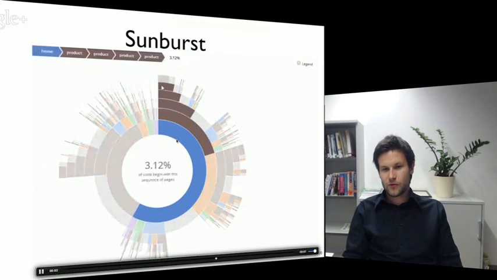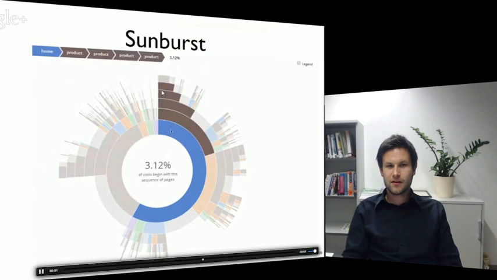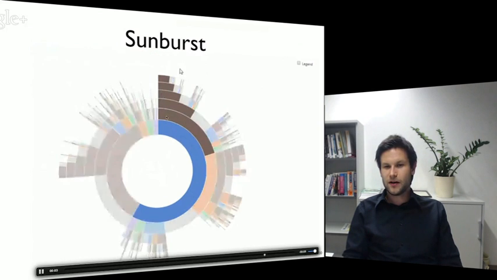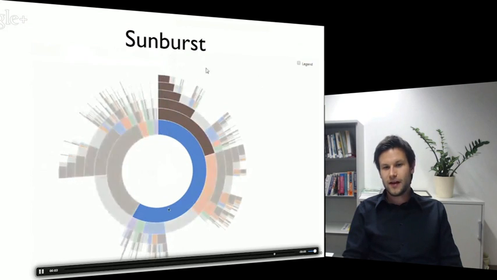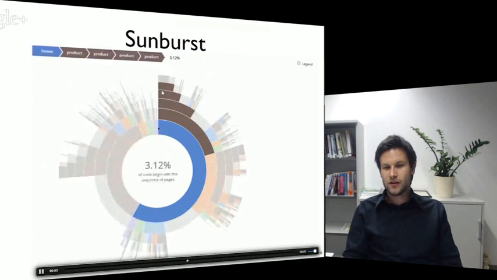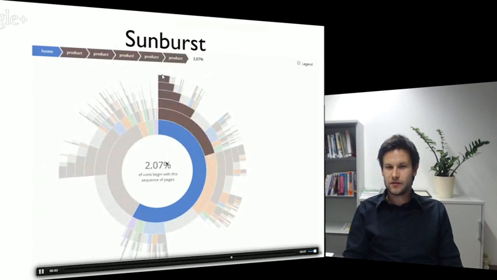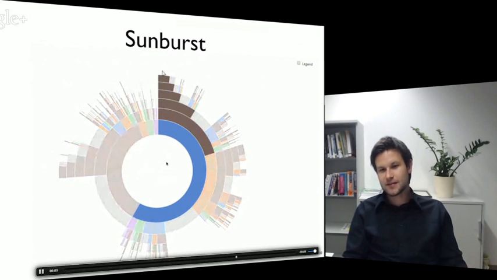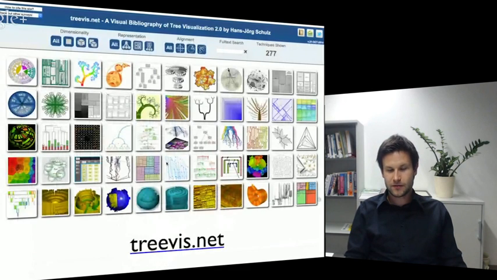So this is showing a website, and you have different entry points on the website, like this is the home page, and then people are clicking on a certain product, and then on another subcategory of products, and so on. Yeah? And you see, this is the portion of how many people entered the website onto the home page. Yeah? And this, again, summarizes a huge hierarchy that you have in the background.